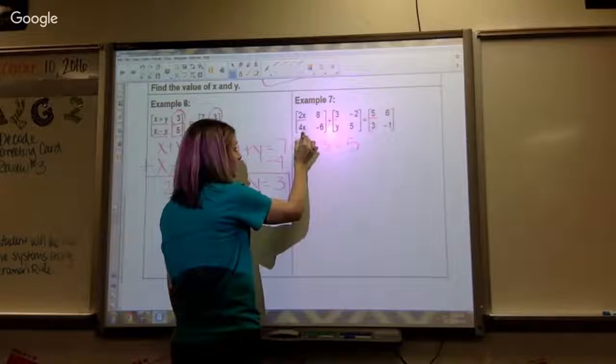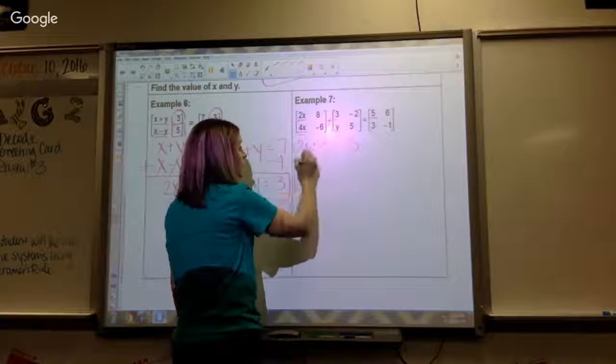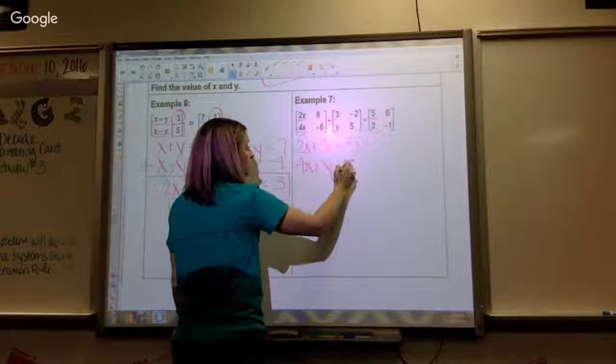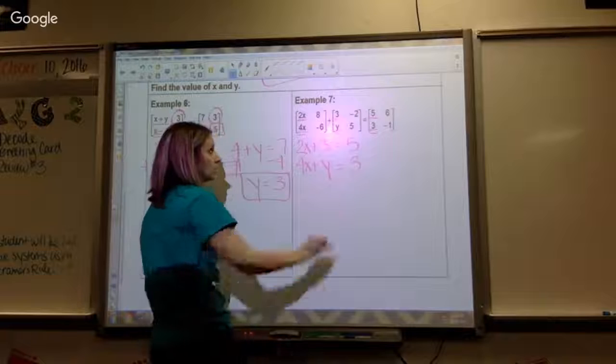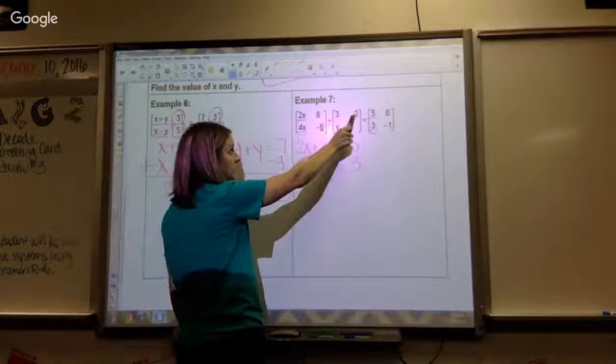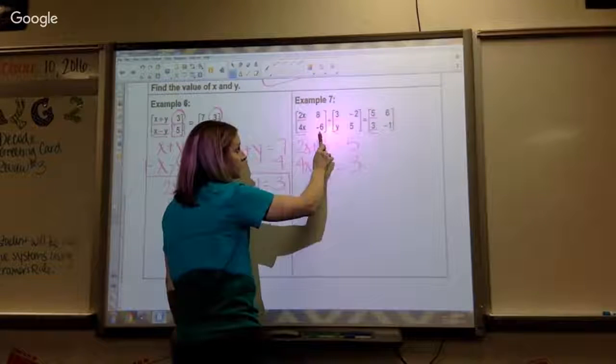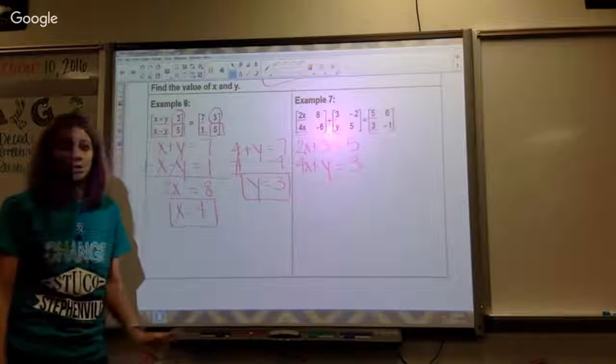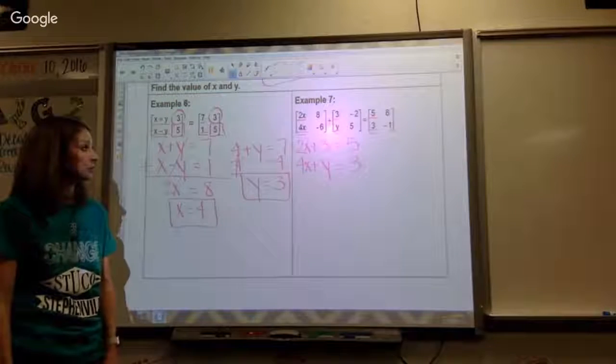Another equation that we can set up is 4x plus y needs to equal 3. You can also check 8 plus a negative 2 does equal 6. Negative 6 plus 5 does equal a negative 1. So you can just check and make sure that those are true there.